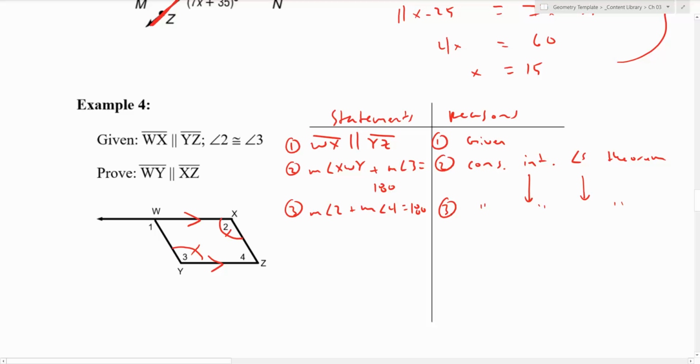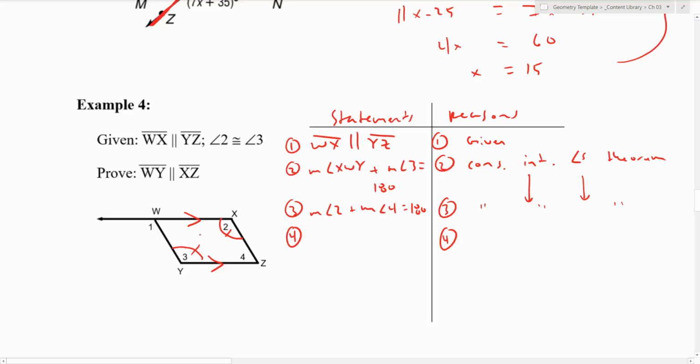Okay, so number 4. Let's pretend for a second that we already know WY and XZ are parallel. That's what we're trying to prove. Then we could say that WX is a transversal. And if we could show that angle 2 and angle XWY are supplementary, then we could use the converse of consecutive interior angles to show that WY and XZ are parallel.